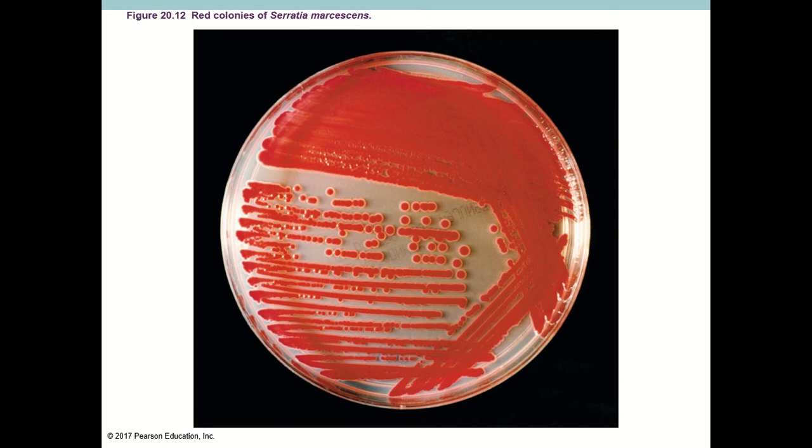So you insert medical supplies that are made of metal or anything that can withstand the temperatures and pressures of an autoclave. You set the autoclave at the right temperature and the right pressure, and it'll kill everything for you, including Serratia marcescens.